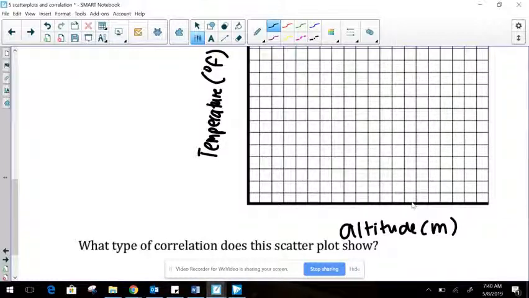Okay, so I need to get to 5,000. So the trick here is to do 5,000 divided by 20. See how I can evenly space my numbers. Okay, so each one is 250. So I'm just going to write every other though. So it'd be 0, 250, 500, 750, 1,000, like that. That way you're not so messy and cramped.